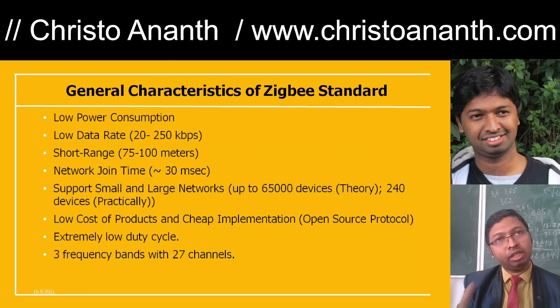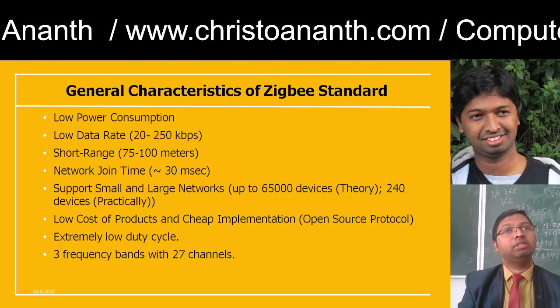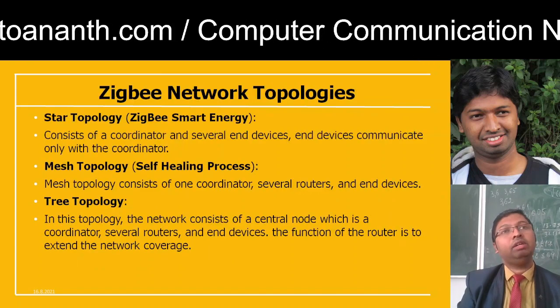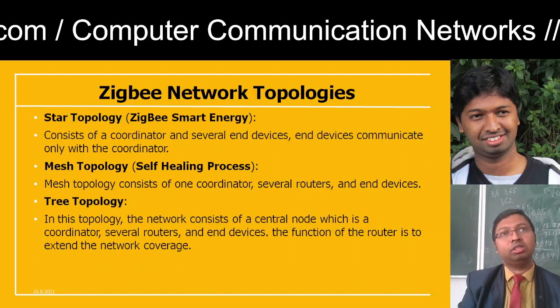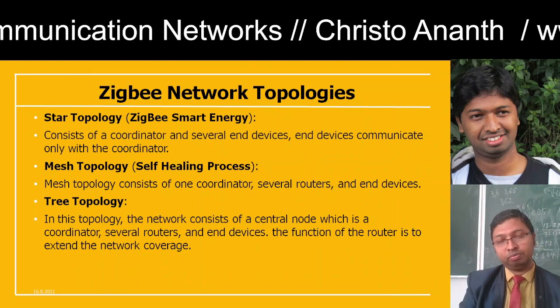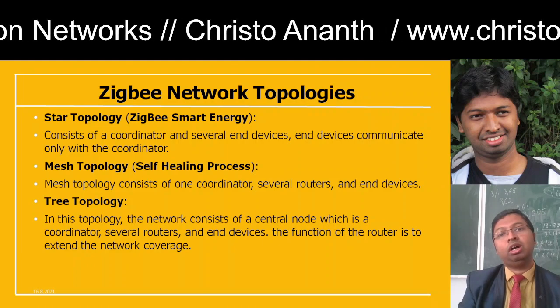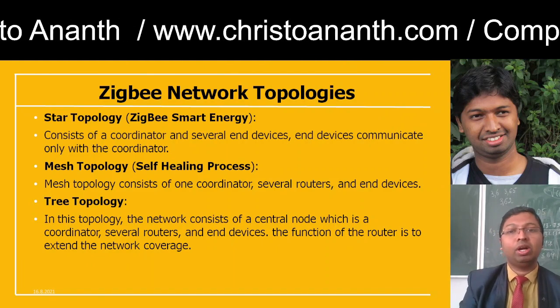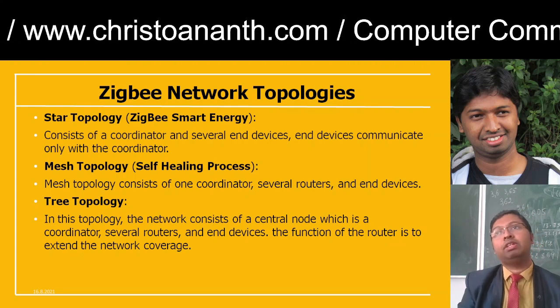We have 3 frequency bands with 27 channels. Here we have 3 types of topology: star topology, mesh topology, and tree topology. In the case of star topology, or Zigbee smart energy, there is a coordinator and several end devices.